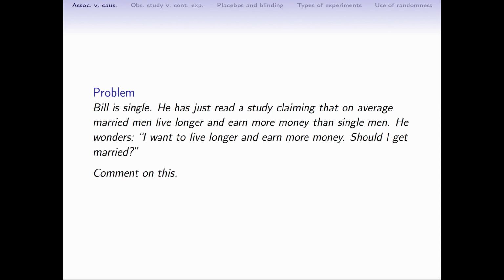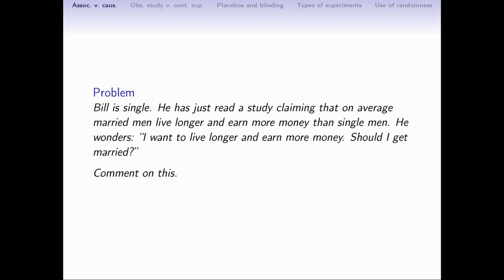So Bill is actually not thinking about this correctly. He's not using something that the study is actually claiming. In fact, there is some evidence that if there is a causal relationship at all, it might be in the opposite direction, that the causation may run in the opposite direction.